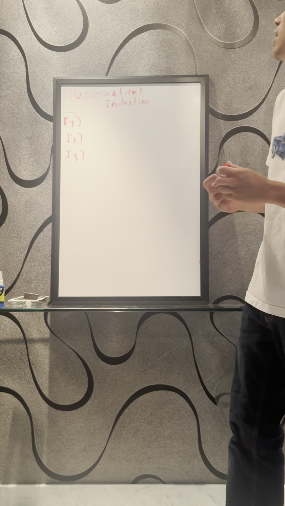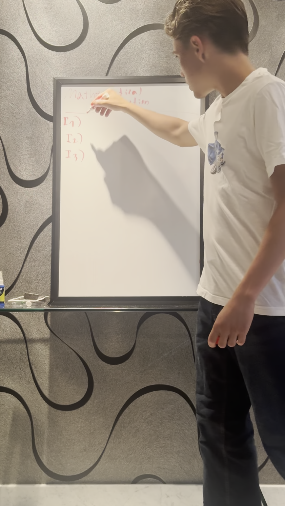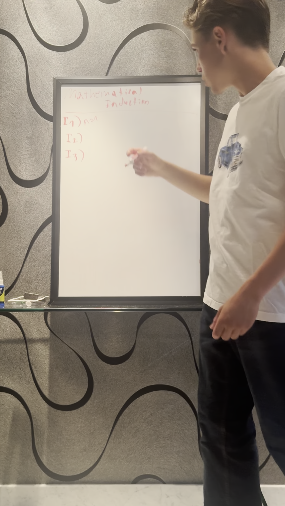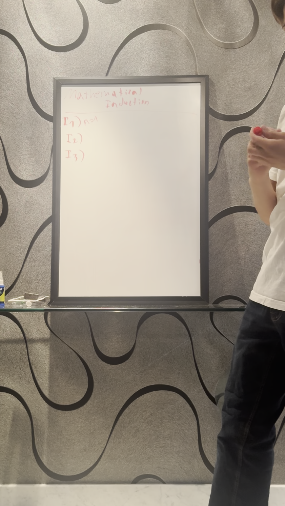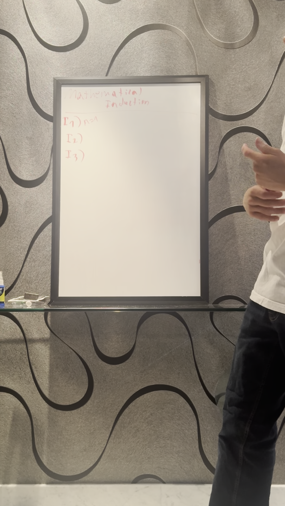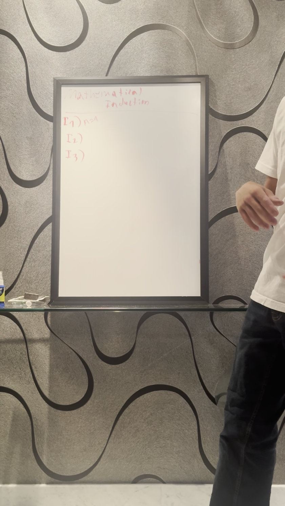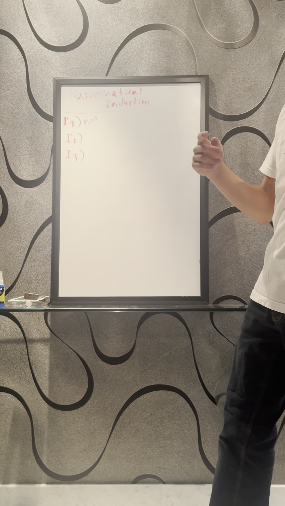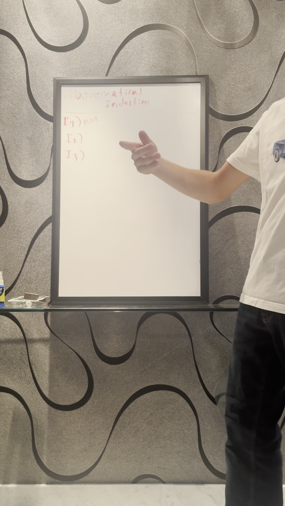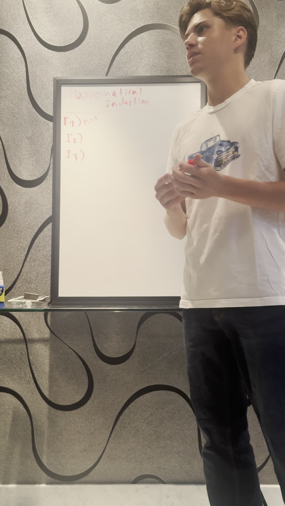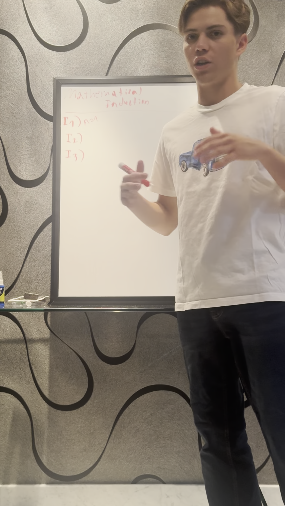For the base step, you always assume that n is equal to 1, and that's the base for your proof. If something is true for the first natural number, and you can prove that it's true for n plus 1, the second natural number, that means it's going to be true across the whole range of natural numbers.